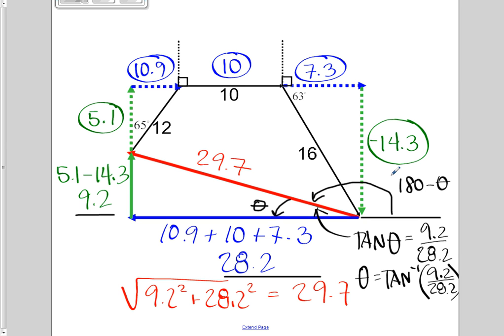So that's going to be an inverse tangent of 9.2 divided by 28.2, which is 18.1 degrees.